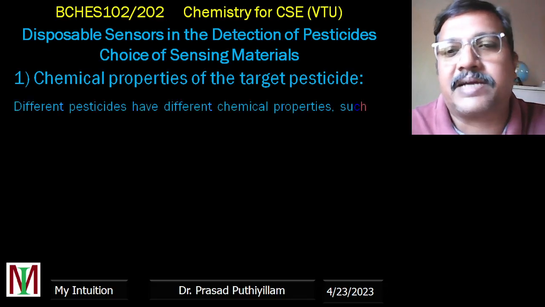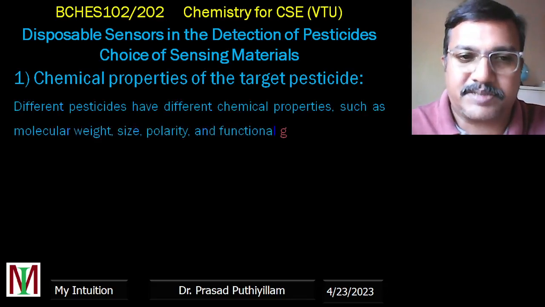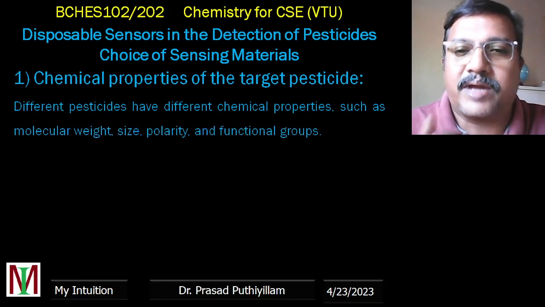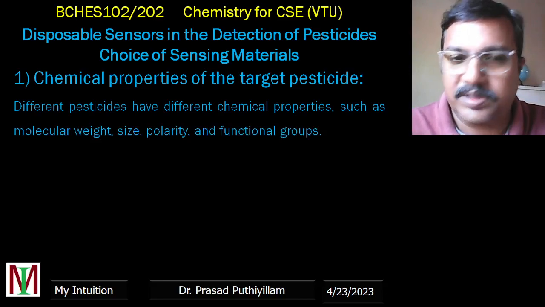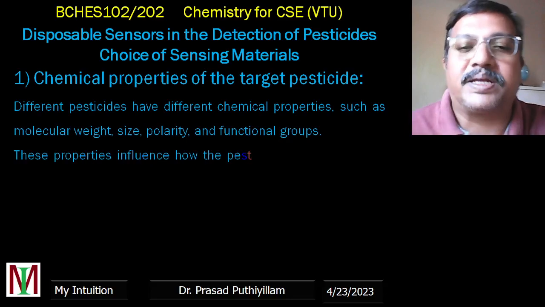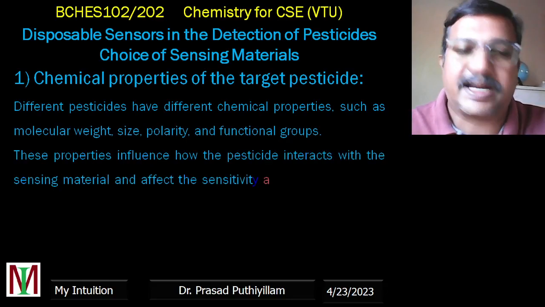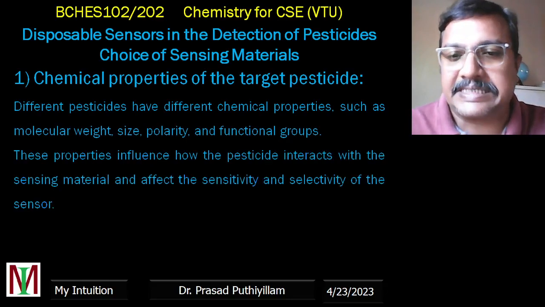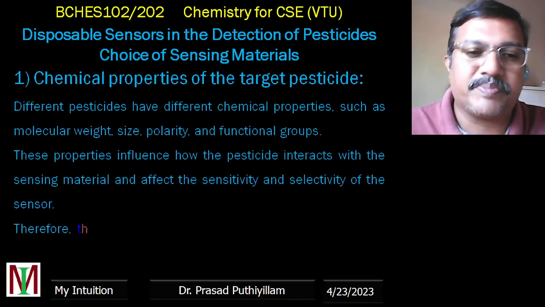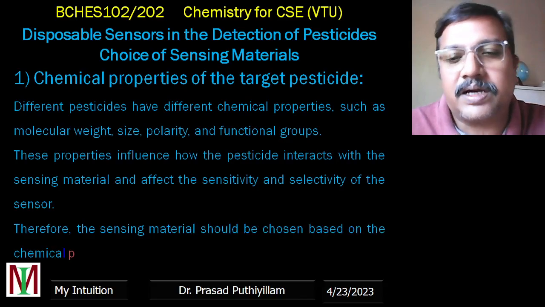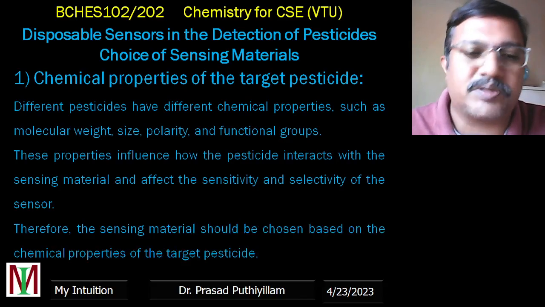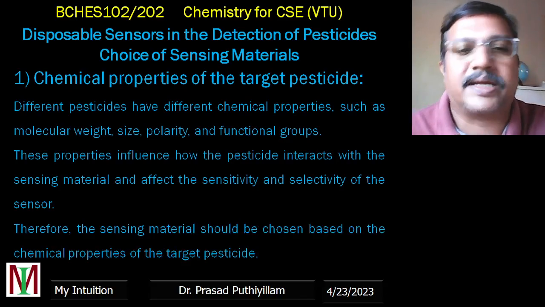Different pesticides have different chemical properties such as molecular weight, size, polarity, and functional group. These properties influence how the pesticide interacts with the sensing material and affect the sensitivity and selectivity of the sensor. Therefore, the sensing material should be chosen based on the chemical properties of the target pesticide.